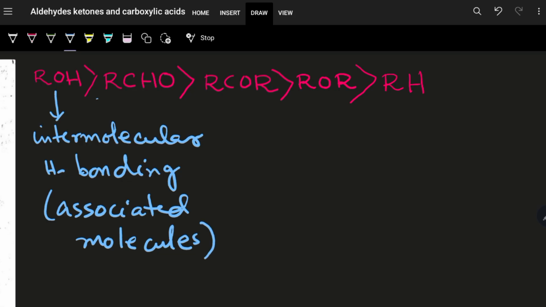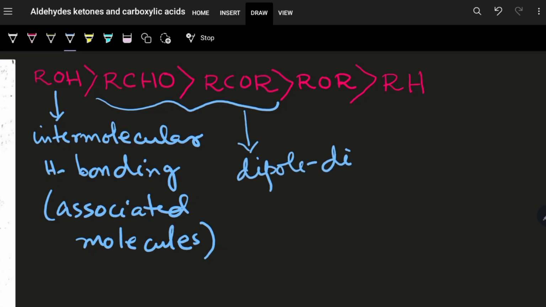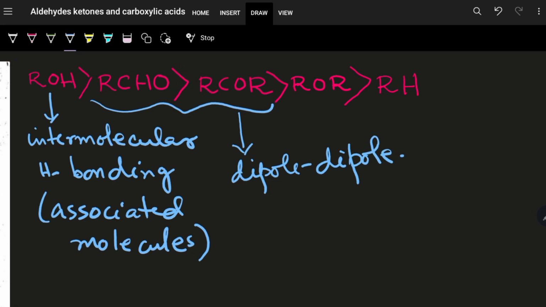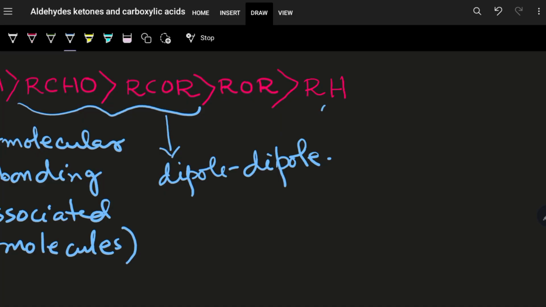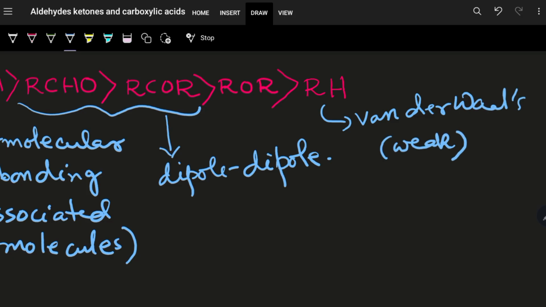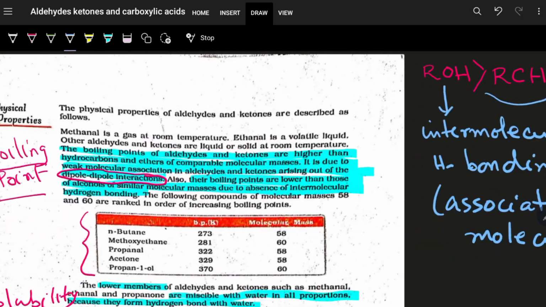After aldehyde come ketones, and they have dipole-dipole interaction. Of course, the polarity of the molecule decreases from aldehyde to ketone to ethers. And in the case of hydrocarbons, there exists weak van der Waals interaction. They are weak interactions.